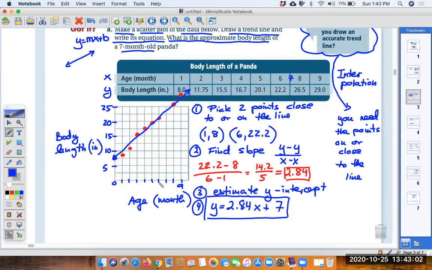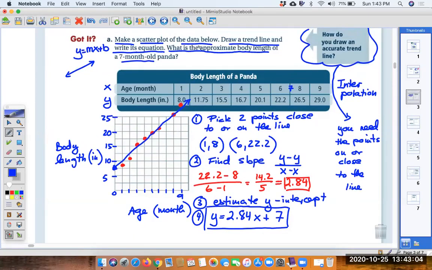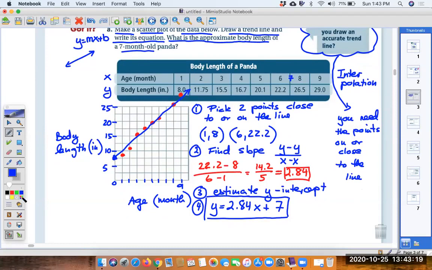So now last question, part of this, we're almost done. We done the trend line, we wrote the equation. Now we're going to use the equation to approximate or estimate the body length of a 7-month-old panda. So if the panda is 7, is that the X or the Y?